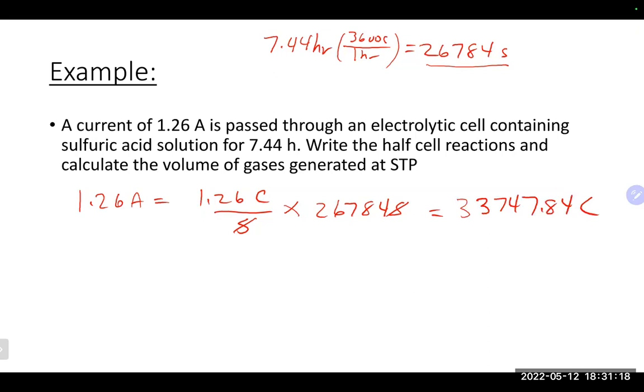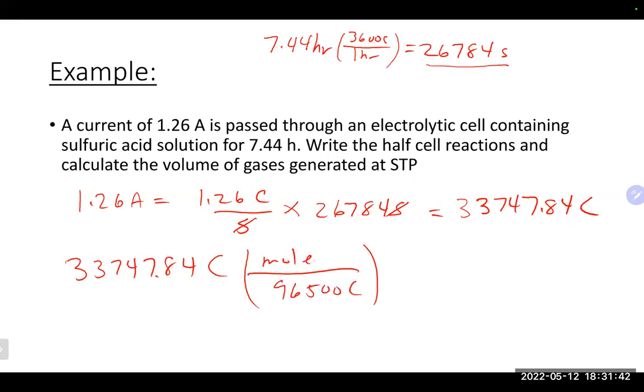At this point, this is where we're going to use Faraday's constant to get us into moles of electrons, so we could then use our half reactions for each of it. So we're going to take that number, 33,747.84 coulombs, and divide by Faraday's constant, 96,500 per mole of electron.